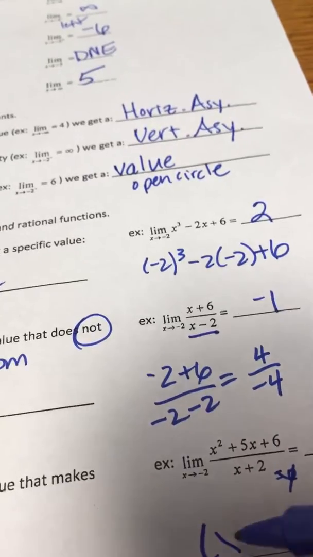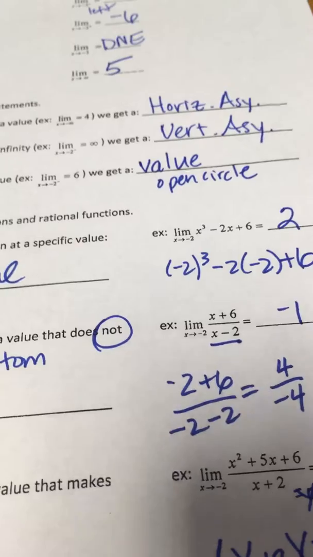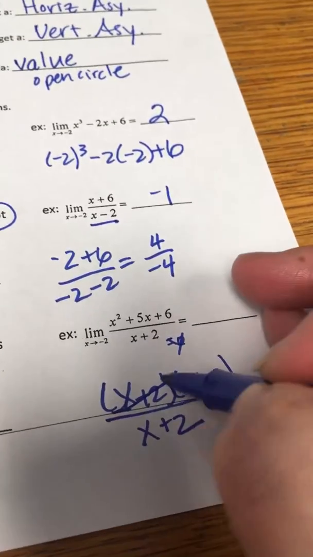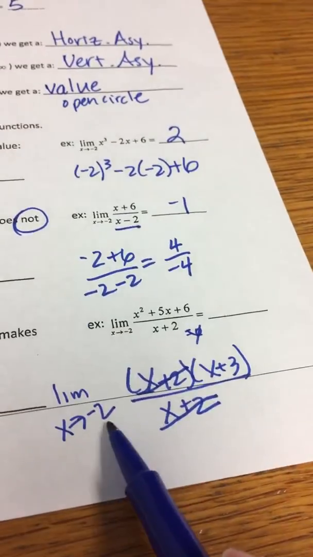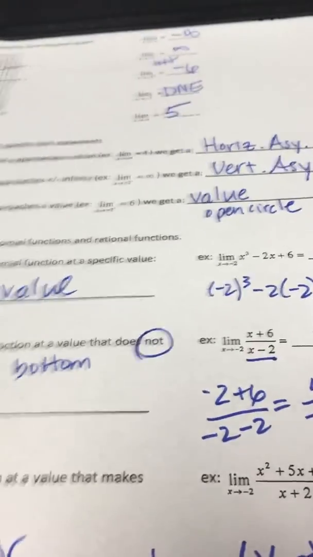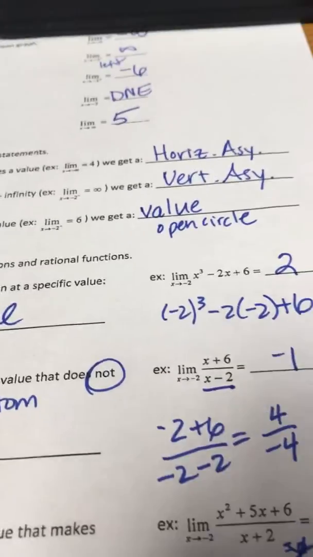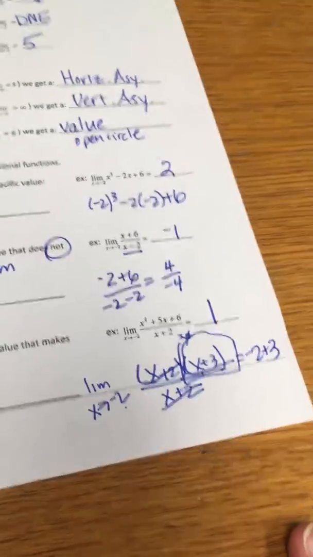So I'm going to factor: x times x plus 2 plus 3 over x plus 2. Now these would cancel out, and that's okay. The limit as x approaches -2 means I'm just going to take the -2 and plug it in for this and only this, so we don't need to worry about the rest. So -2 plus 3, you get +1.